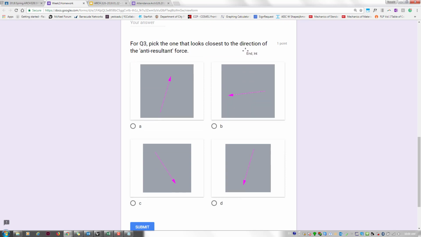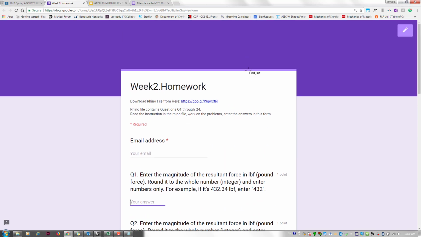Why don't you work on this homework problem? The way I want to use this class is to demonstrate how you solve it, but also for you to work on the problem during class so that I can see if you get it or not. At this point the problems are still super simple, but it's going to get pretty complex pretty soon, so this in-class exercise is pretty important.